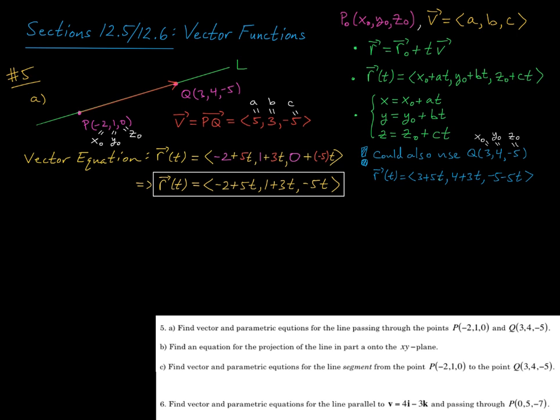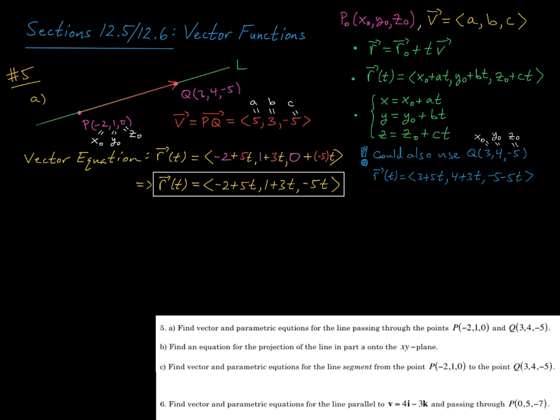Okay, now in this second solution, when T is 0, I'm at 3, 4, -5. So I'm actually at Q now. So for what value of T am I going to be back here at P? Well, since I'm still using the direction vector V, which points in this direction here, I'm actually going to want a negative value of T. And of course, you can see easily that I want T here to equal -1.